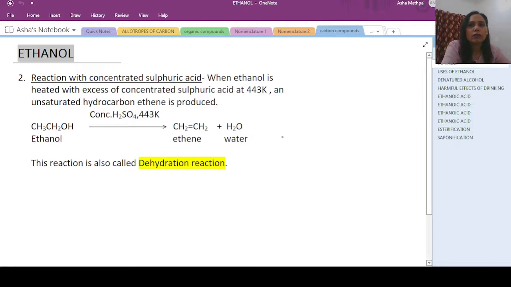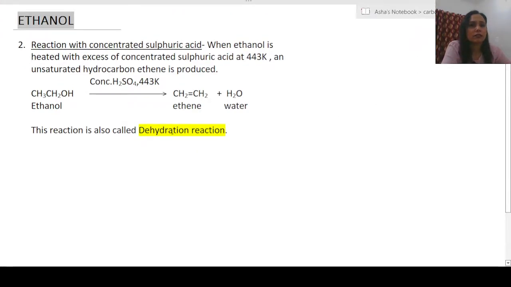Whenever the concentrated sulfuric acid is added and it is heated a little bit, we see that ethene is formed from ethanol, and there is removal of water. That is, from the ethanol you are getting ethene plus water.